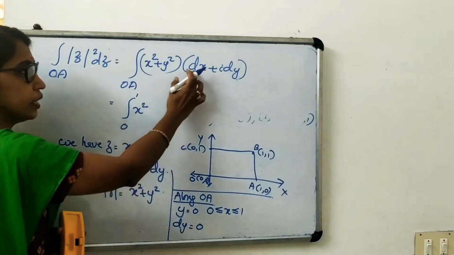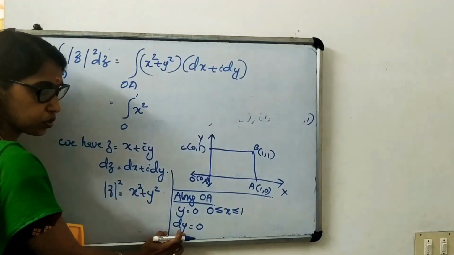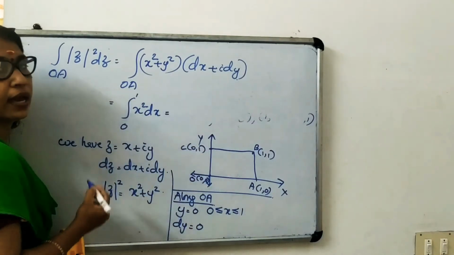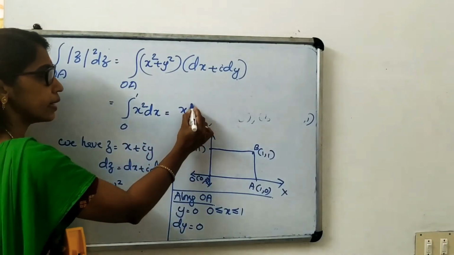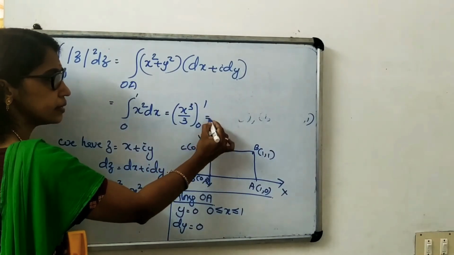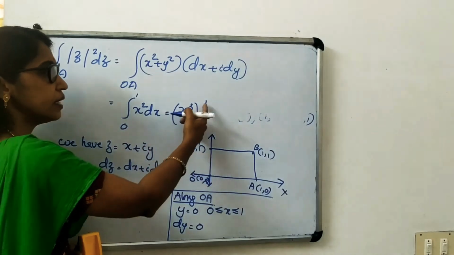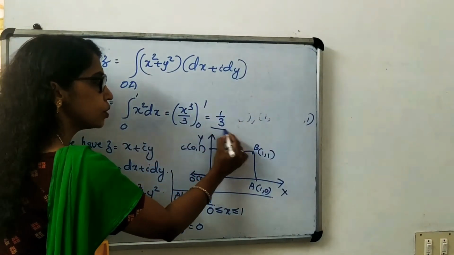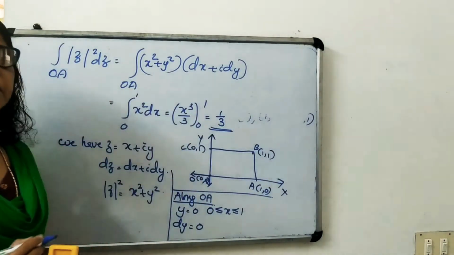X square into dx plus i dy, and dy is equal to 0, so we get x square dx. By integrating we get x cube by 3 within the limits 0 to 1. Applying the limits, the upper limit is 1, so this is 1 by 3, and the lower limit 0 gives nothing, so we simply get 1 by 3.